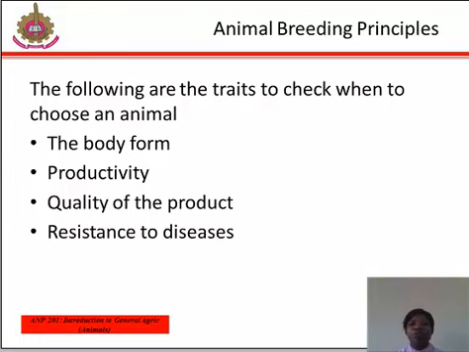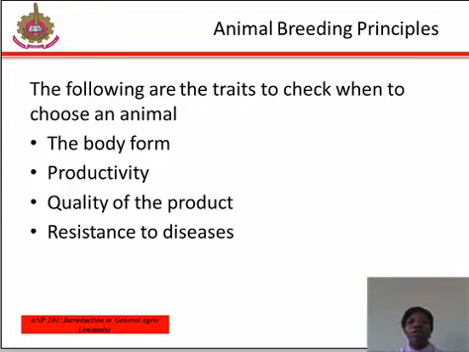So the next one is productivity. This is of great significance to the breeder. Sometimes it has first priority over other traits. For example, the number of eggs, quantity of milk, or wool per animal is an important criterion in any program of improvement of animals.